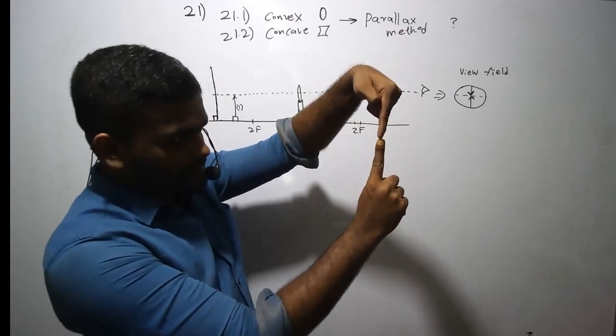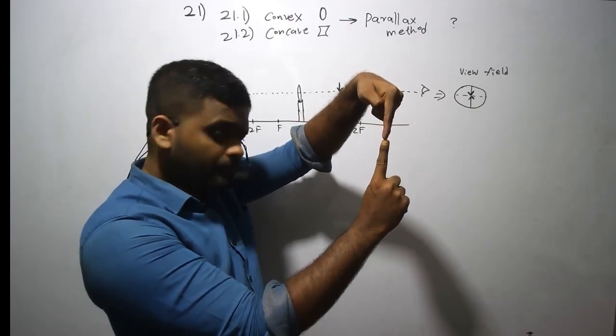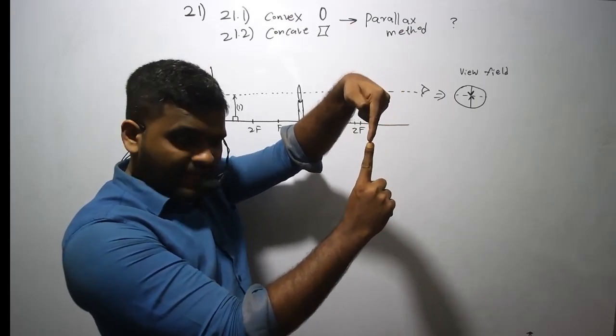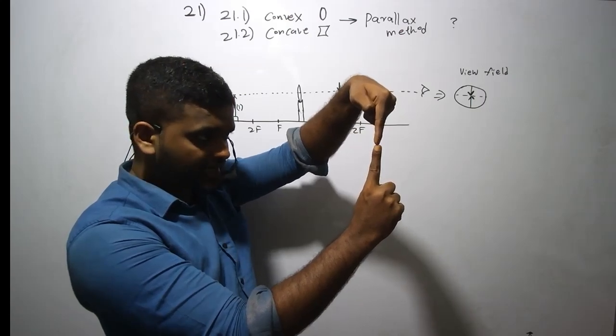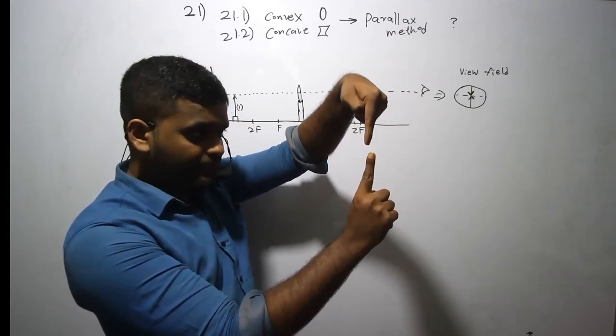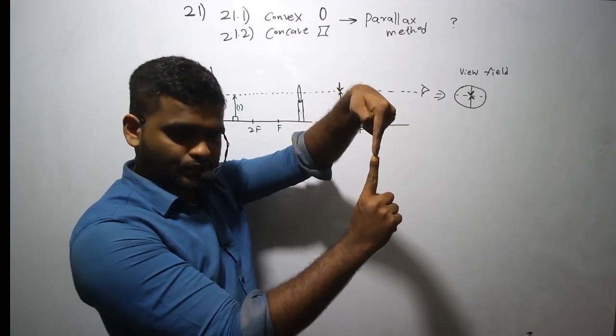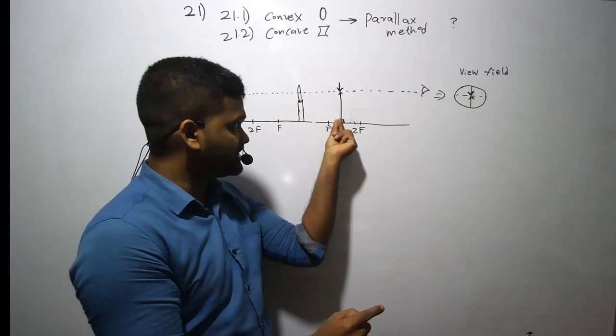You can slightly close one eye. You can slightly move your eye and observe whether there is a relative motion between these two. If there is no relative motion between these two, then these are coincided. So that is the position we need to find.